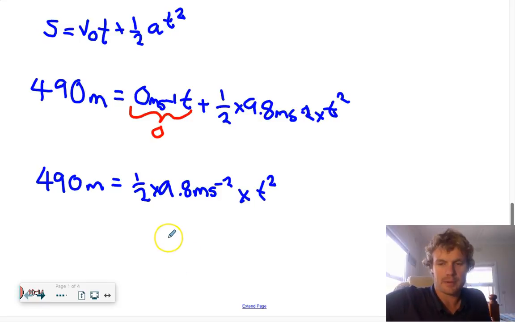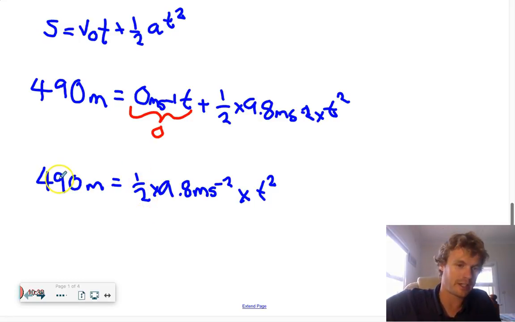So now the next step in getting t by itself in this formula is I want to get rid of the half. If I have a half on this side of the equals, it's saying 1 divided by 2. If I want to put that on the other side of the equals, instead of 1 divided by 2, it would change into 2 over 1. 2 over 1 is the same as saying 2 times something.